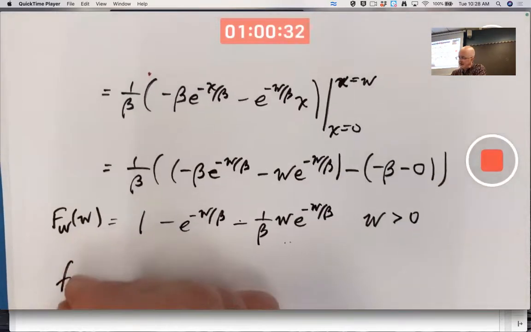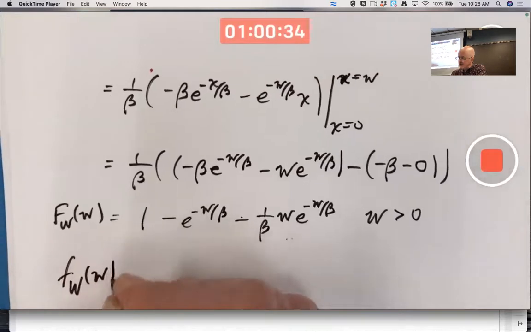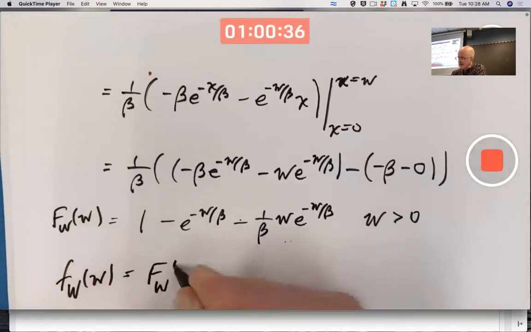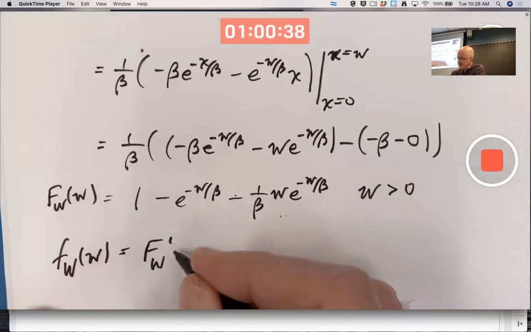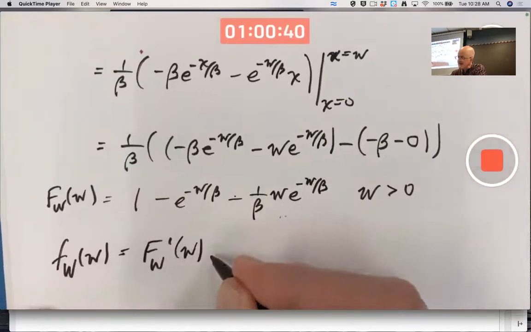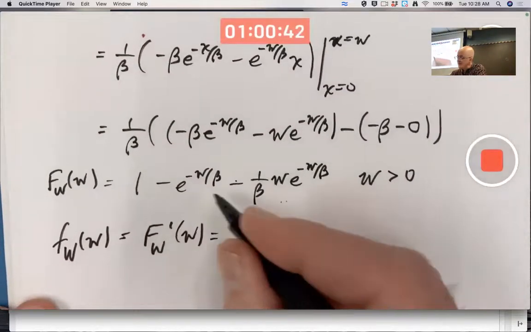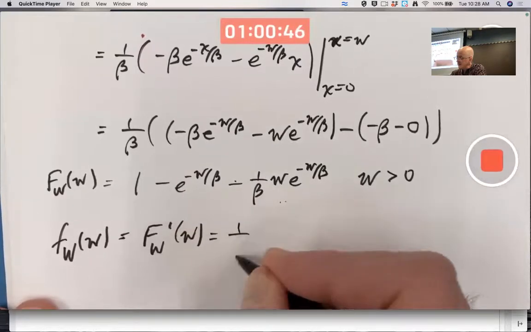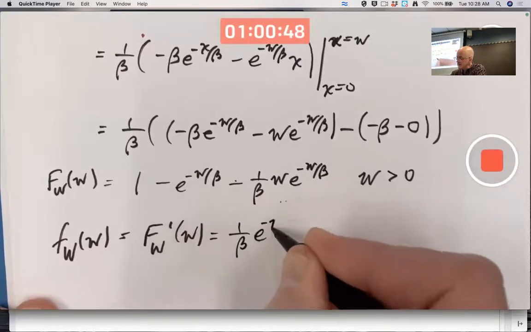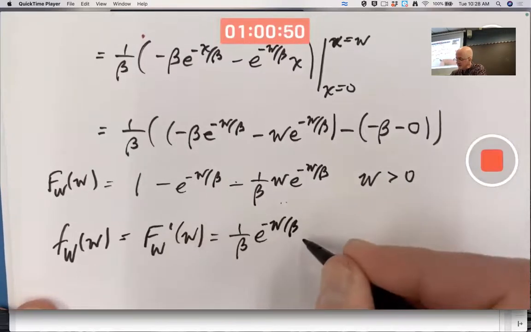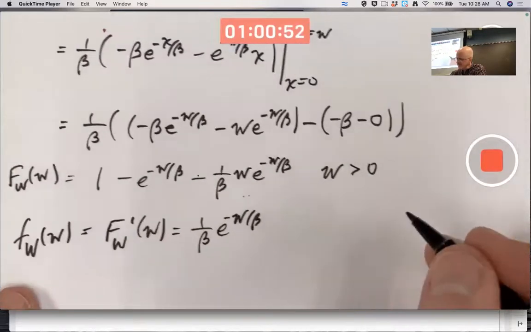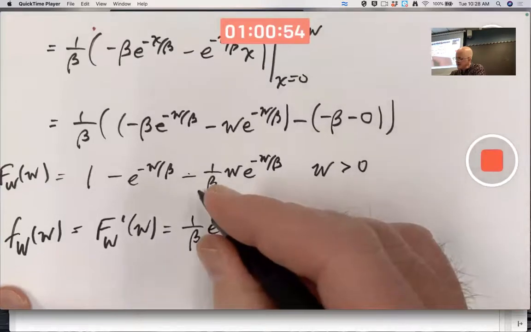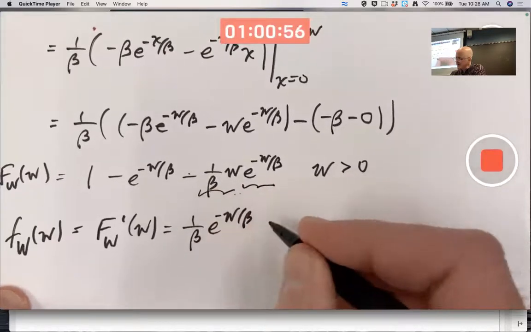Now differentiate it to find the PDF. And I think it will simplify nicely. I think. The constant differentiates to 0. I get a plus by the chain rule. This, I do need to use the product rule here. First function and second function.